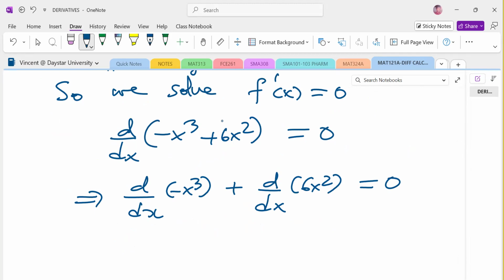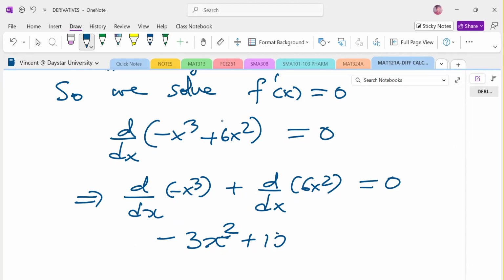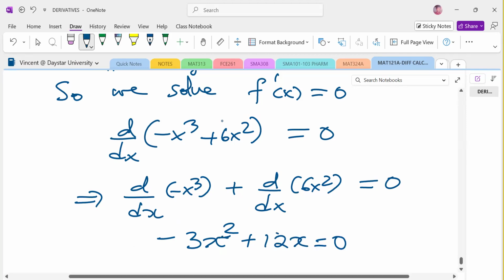So what is the derivative of the first term? Minus 3x squared. Second term? Positive 12x equals 0. Then can you solve for x in that equation?